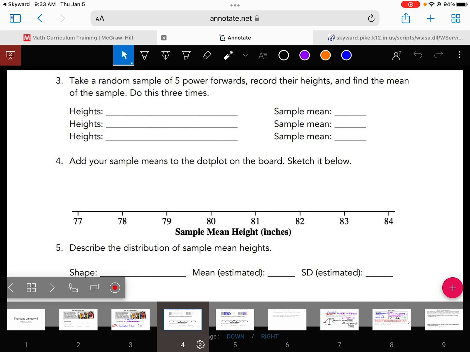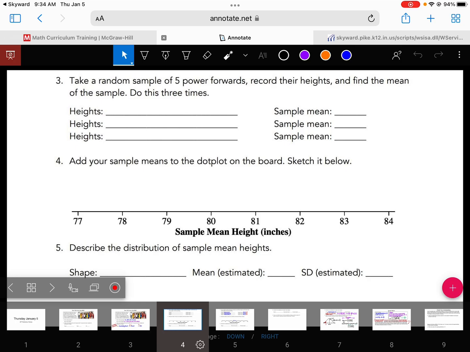So using my random number generator, the individuals that I selected had heights of 81. Second individual had a height of 82. The third individual had a height of 81. Fourth individual had a height of 80, and the fifth one in my sample had a height of 78.